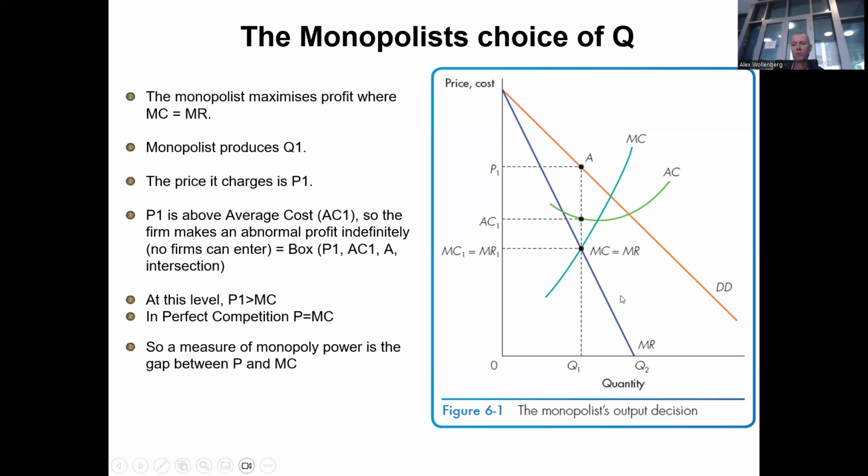But here marginal revenue and demand are not equal. So the marginal cost and demand curve intersection point are different. You see, it is to the right hand side. So essentially, if the monopolist were a competitive company, it would have to produce where marginal cost and the demand curve meet. And that would result, as you can see, in a lower price.